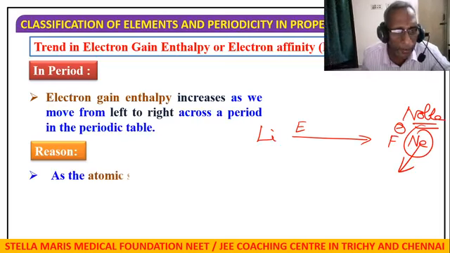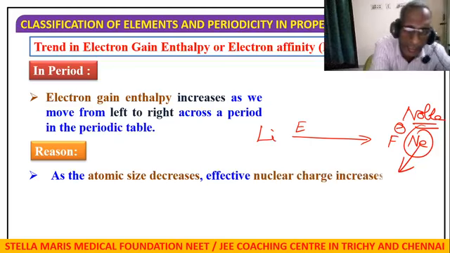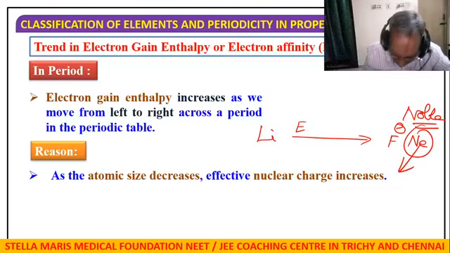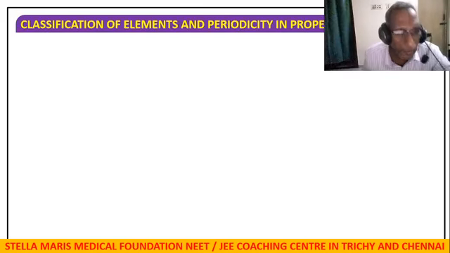The reason: atomic size decreases. Size decreases means effective nuclear charge increases, since from left to right the number of protons increases. That is the reason.